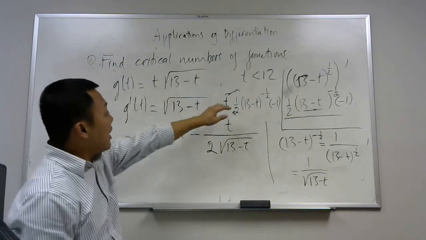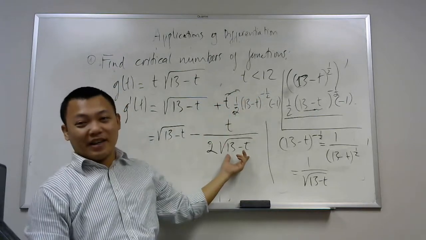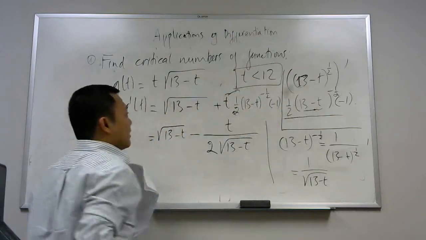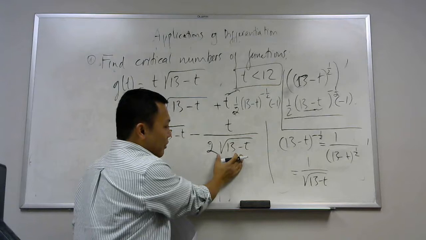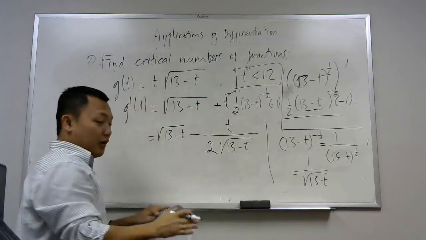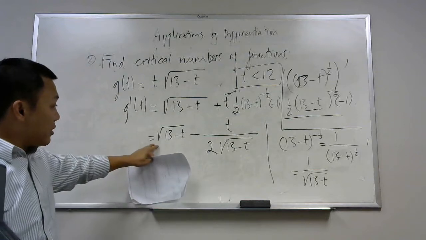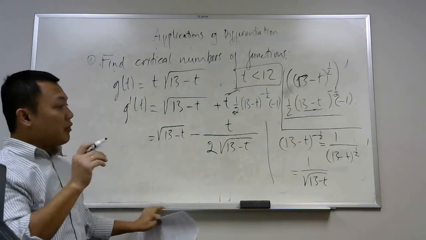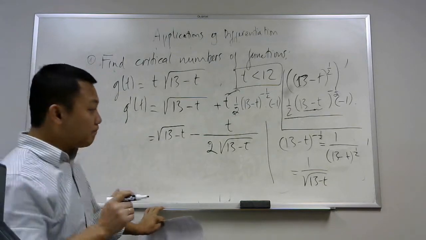Oh my goodness, I forgot, we consider t less than 13, so everything is okay with this function, and it is well defined. We are good. We don't have the second case happen, which means the first derivative is defined everywhere. So we have only one case to consider, when the first derivative equals 0.